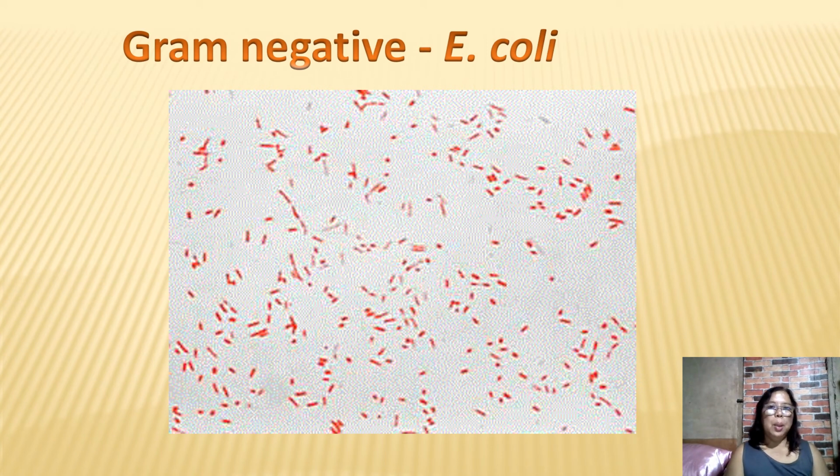Okay, this is an example of a gram-negative microorganism, the Escherichia coli. Once stained with gram stains, we call it gram stains. The color is red. But the gram-positive, the color is violet.